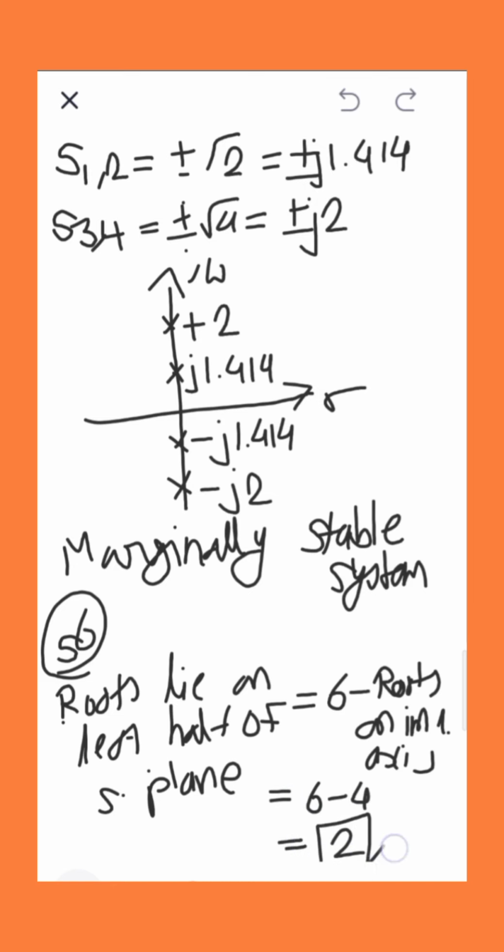So 2 roots lie on the left half of the S plane. Okay, this is the discussion of roots: how many roots lie on the imaginary axis and how many roots lie on the left half of the S plane. Clear?